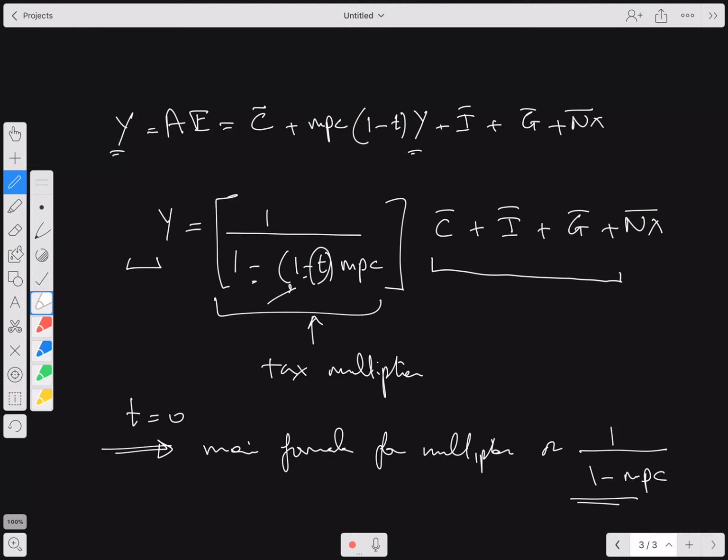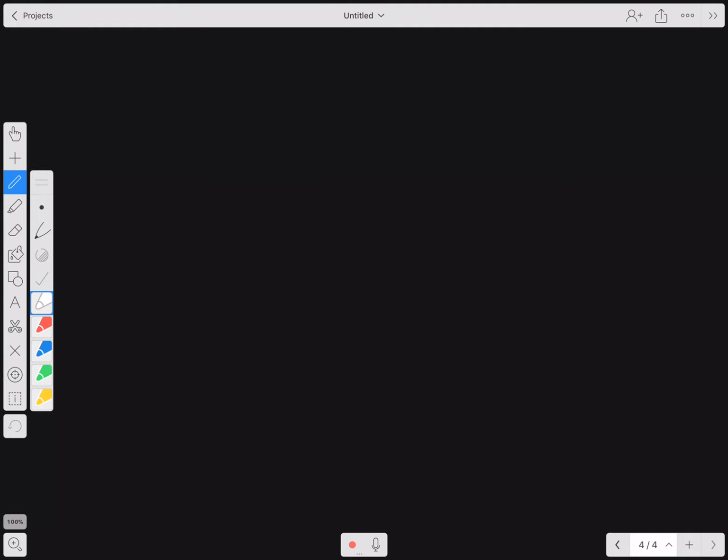So if we apply these with numbers, you have a good example in your textbook. Mainly you have to be given some information to be able to answer this question.